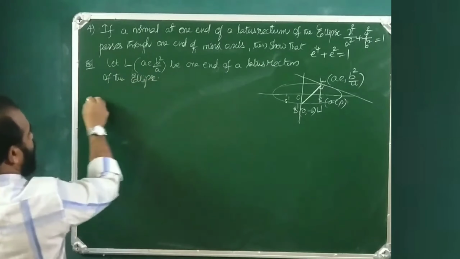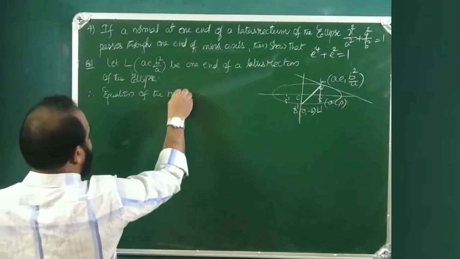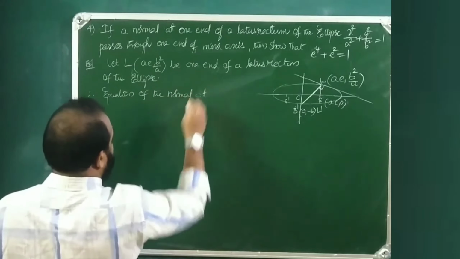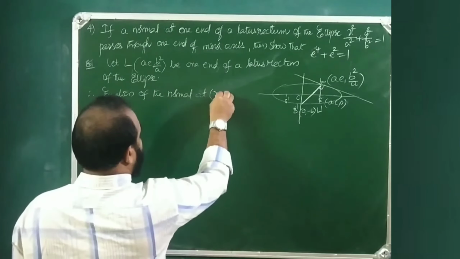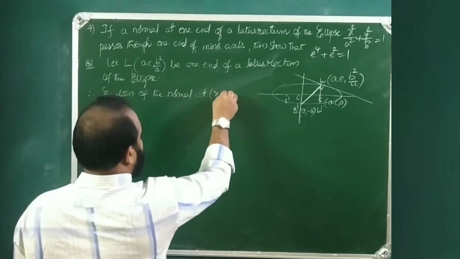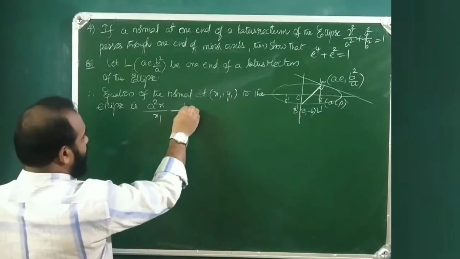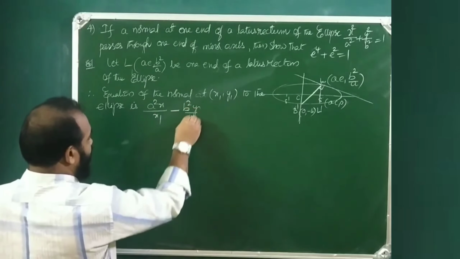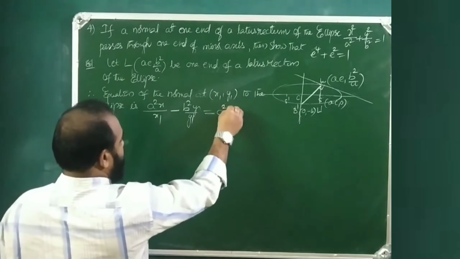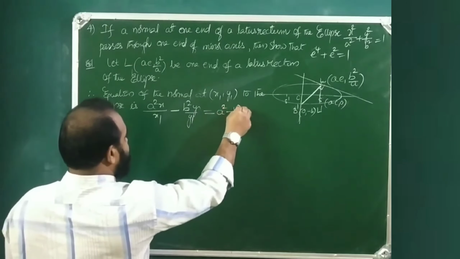So therefore, the equation of the normal at x1, y1 to the ellipse is a square x by x1 minus b square y by y1 is equal to a square minus b square.